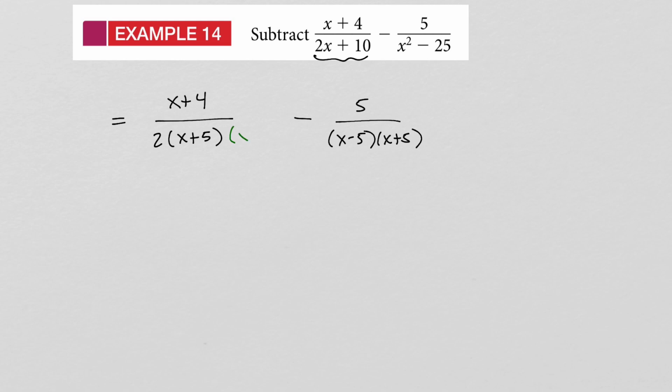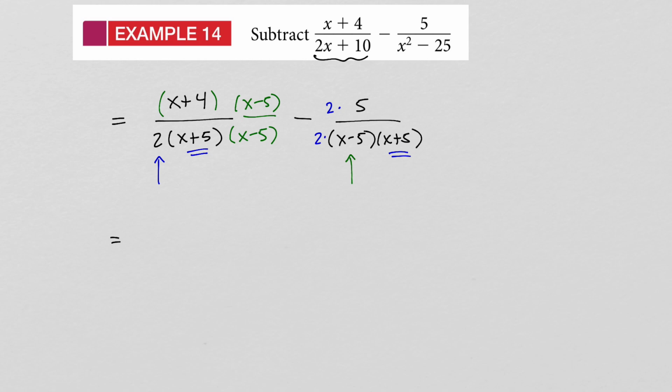So in the first fraction, we need a factor of x minus 5, okay? Because we can see we have that here. In the second fraction, we need a 2. I'm going to multiply the top and bottom by 2. So I'll just squeeze that in right here. And I'm doing that because we have a 2 right there. They both already had x plus 5, so that was good.